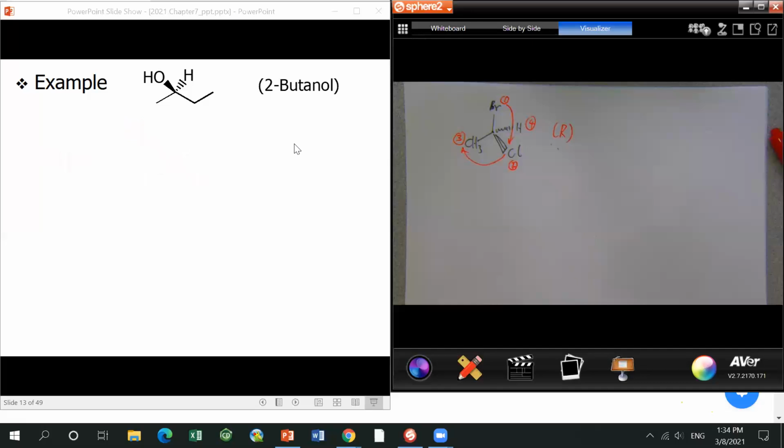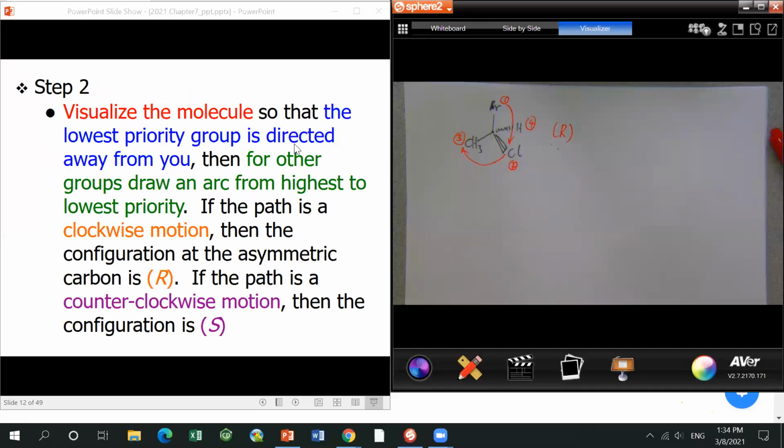Step 2: make sure the lowest priority group points away from you, and then for the other three substituent groups, draw an arc from the highest one to the lowest one, 1 to 2, 2 to 3. Look at the direction of this arc. If it shows clockwise, like this one, then that will be R. If the arc direction goes counterclockwise, then this will be designated as S. So there are only two possibilities, R or S.